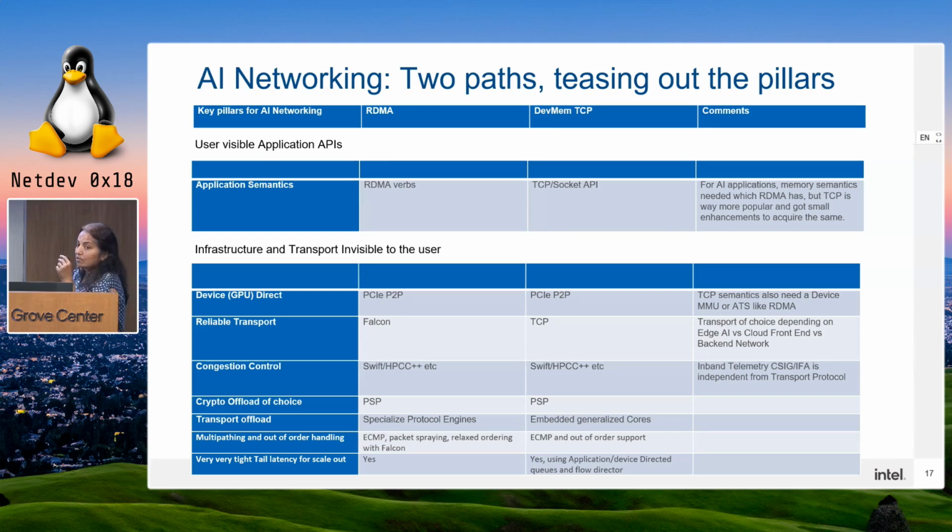So we are trying to bring the AI network performance, at least for the large packets, closer to what you would get across the aisle from RDMA, using devmem.